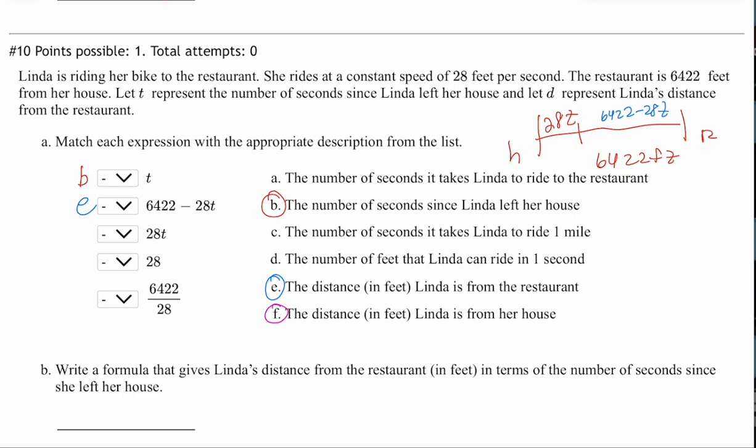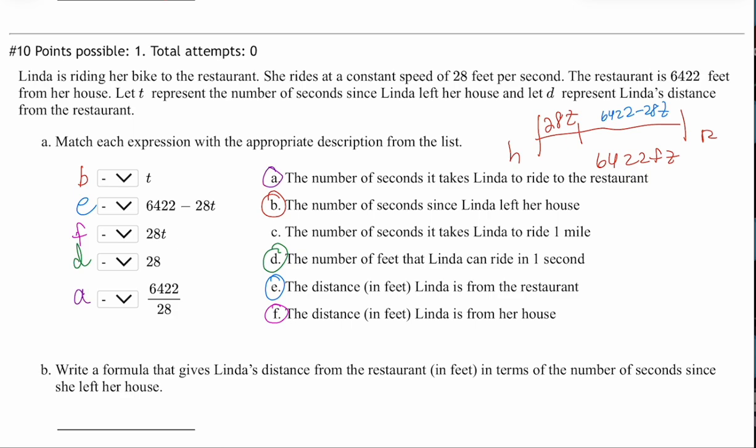So that's F. 28 is her constant rate of speed, what she can ride in 1 second. So that's D. And then that division would be the total number of seconds it would take to get to the restaurant. So that would be A.